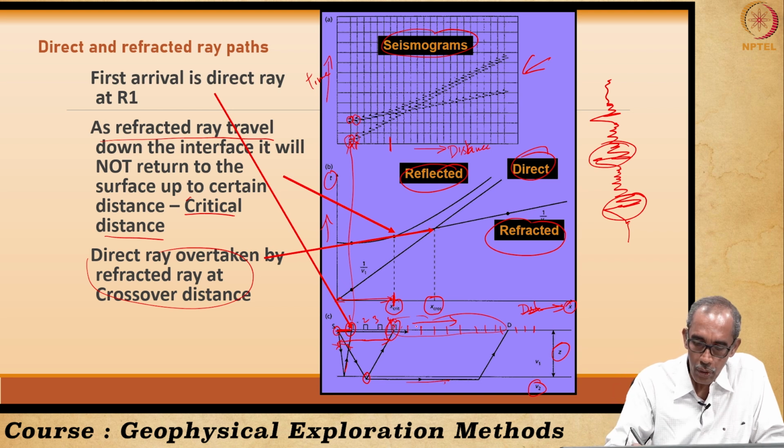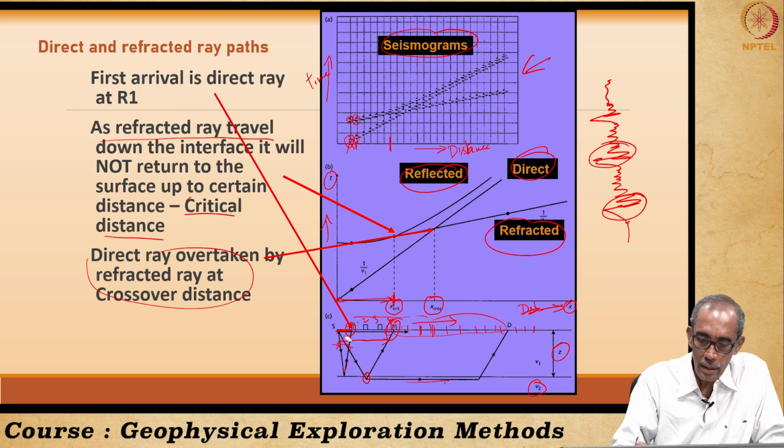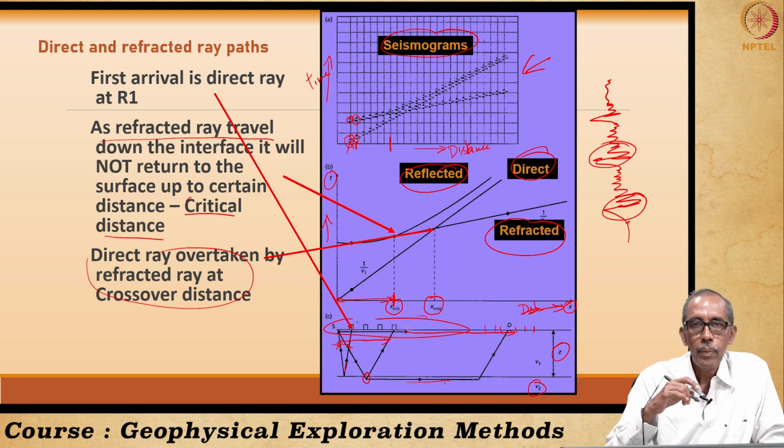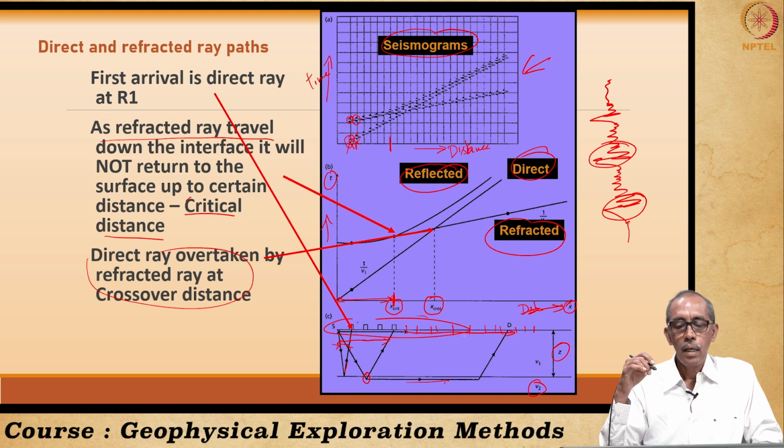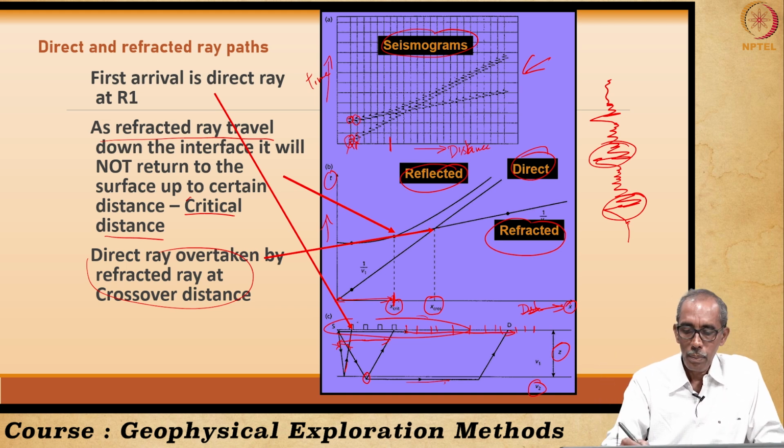Up to this distance the geophones are receiving the direct ray. The direct ray passes very close to the surface and is received by all the geophones. But what happens beyond a certain distance?